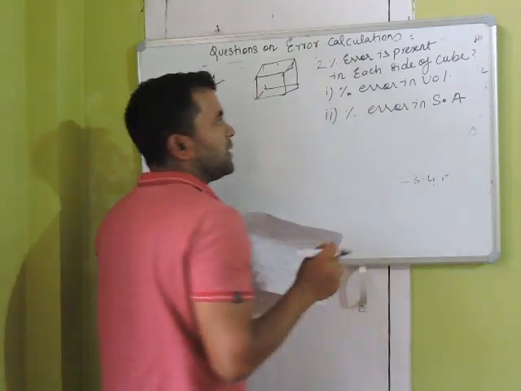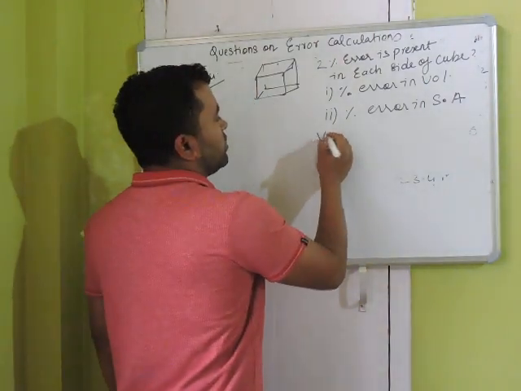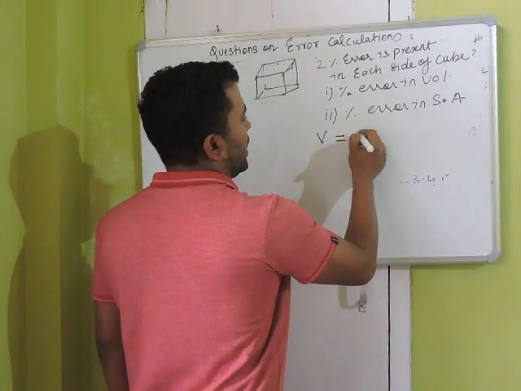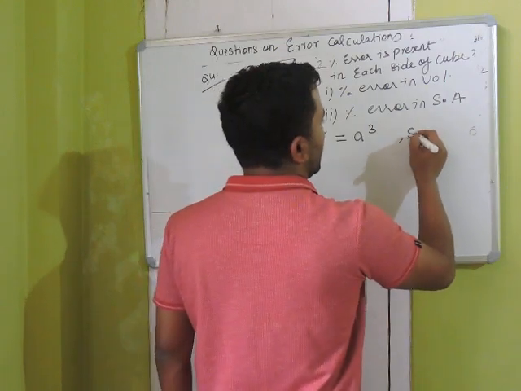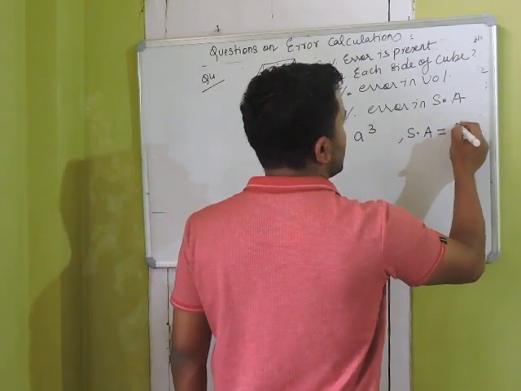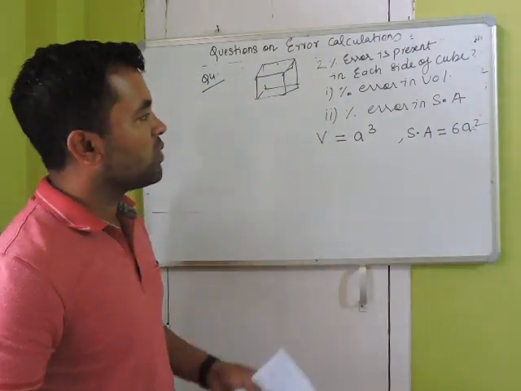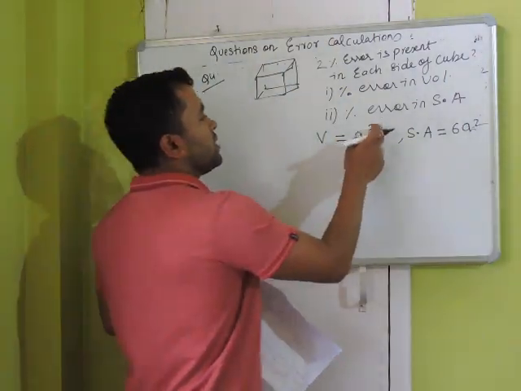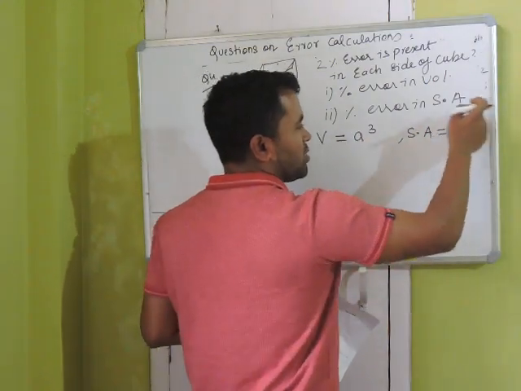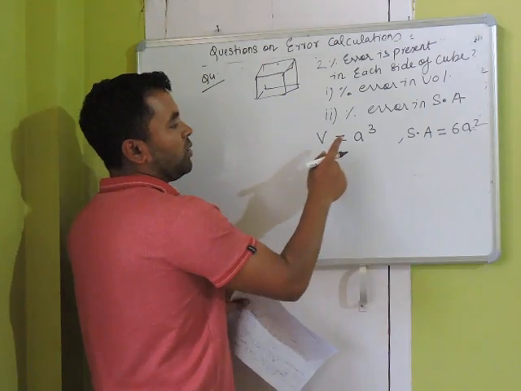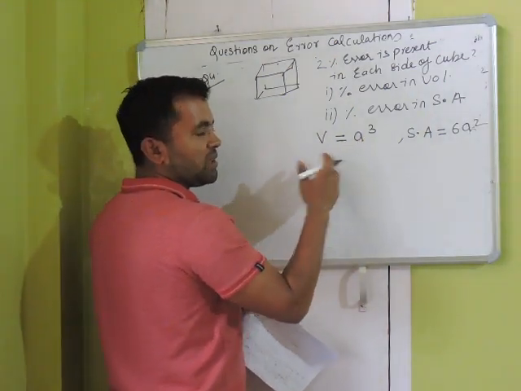Okay, surface area. Now the formula of volume is a to the power cube. The formula of surface area of a cube is 6a square, right? Now you have 6 faces, each area is a square. So this is multiplication, a into a. Now the error in this way, if you remember, there is a general rule.